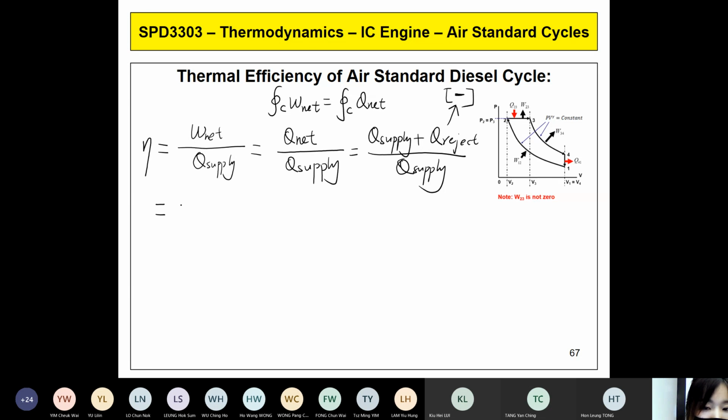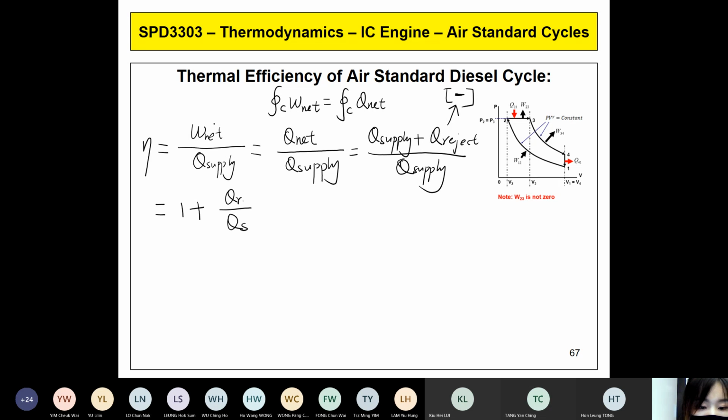We rearrange the equation, and we can receive the definition of thermal efficiency as this. You can use both of the definitions to solve your problem.